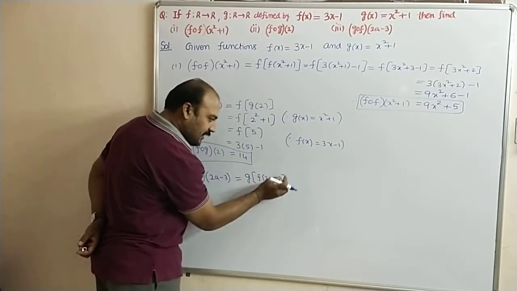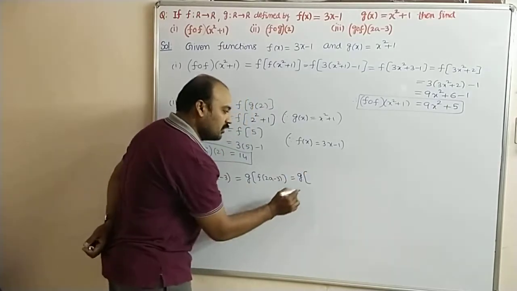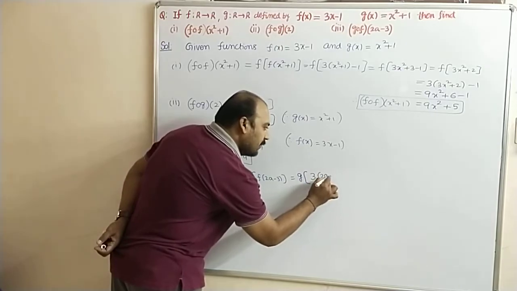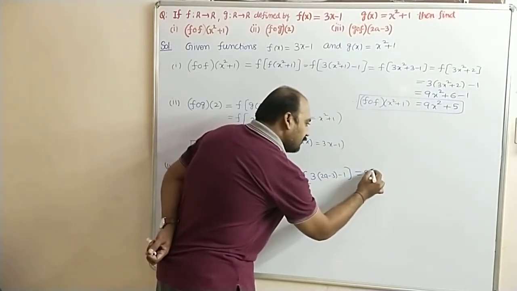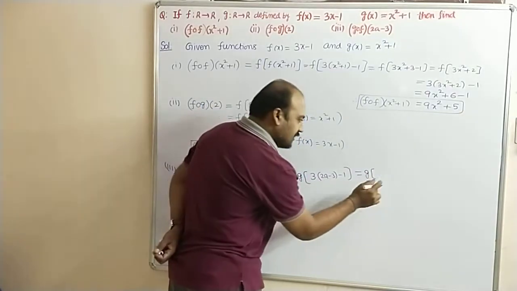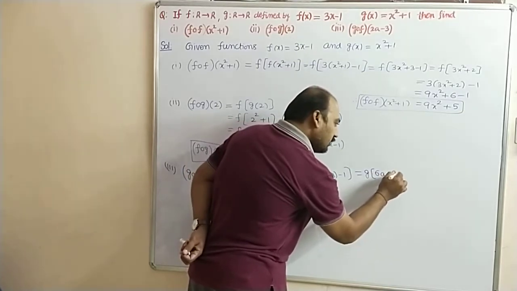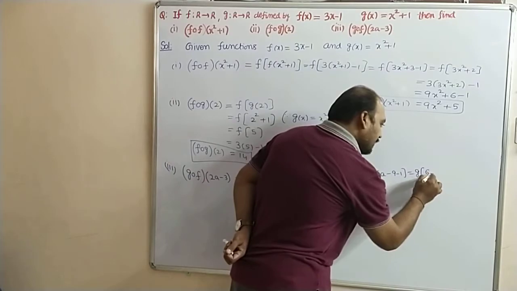Wherever x is there, we have to replace it with 2a minus 3. So g of 3 into, in place of x, 2a minus 3, minus 1, which is equal to g of 3 times 2a, 6a minus 9 minus 1. So g of 6a minus 10.